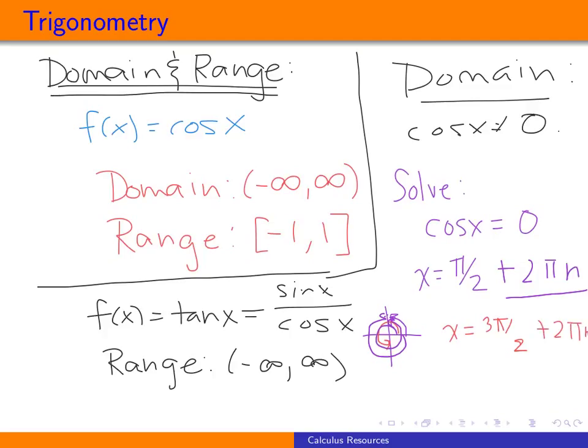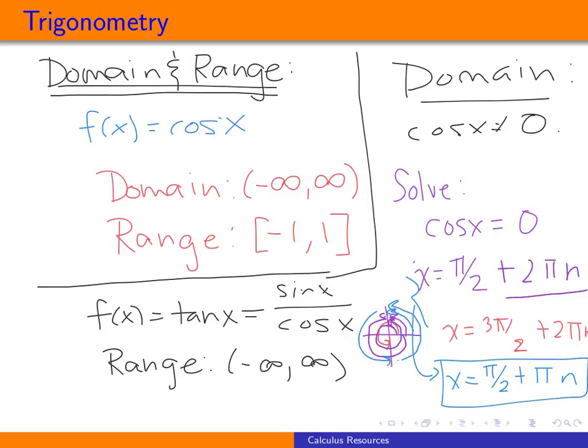And both of these can be condensed into x is equal to pi over 2 plus pi n for every half circle. So it looks like this. We can go to pi over 2, then to 3 pi over 2, and then all the half circles will include pi over 2 as well as 3 pi over 2.